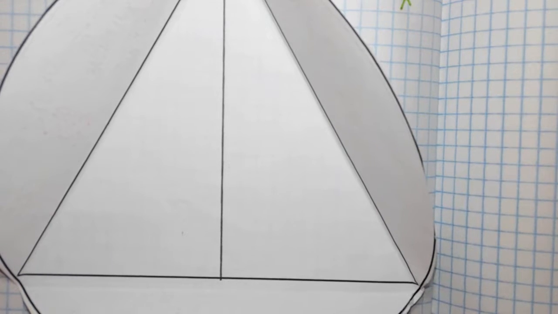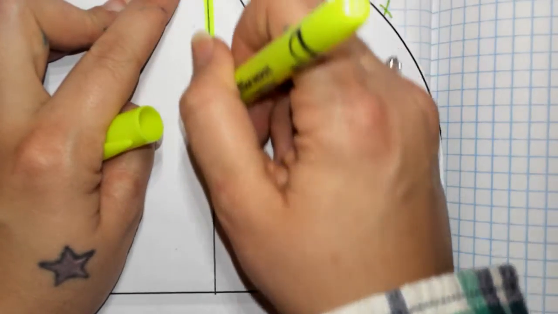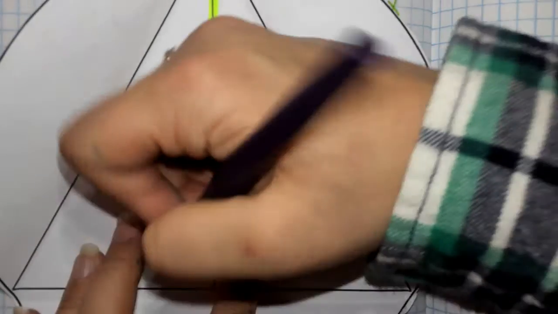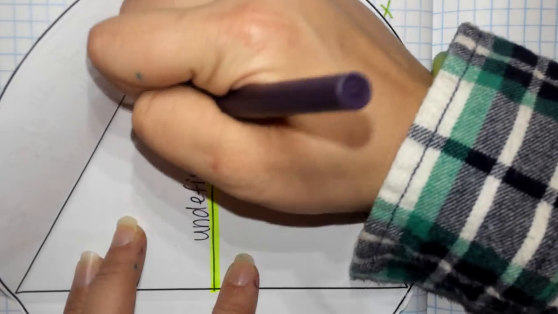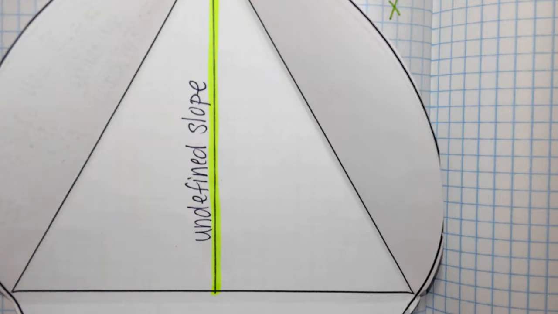Alright, so now you're going to label your triangle the same way you labeled your slope guy. So this is what kind of line? Undefined. So my undefined was yellow. So I'm going to color it yellow, and then I'm going to write undefined slope on it. Look back at your slope guy, so you're doing it according to your slope guy.